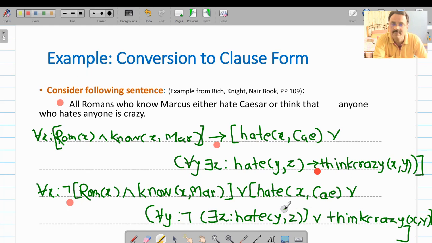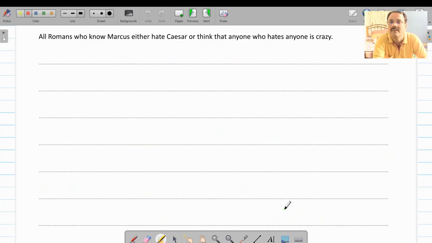So let us apply now step number 2. After applying step 2, now you will get the equivalent formula.